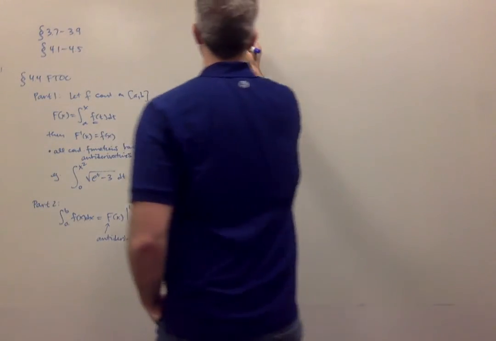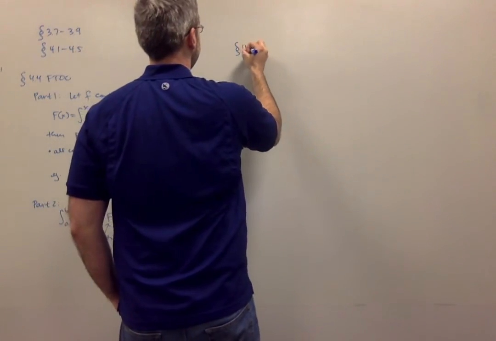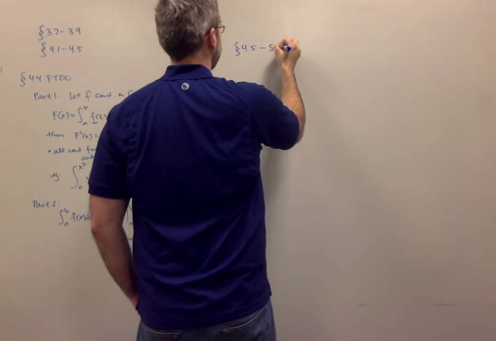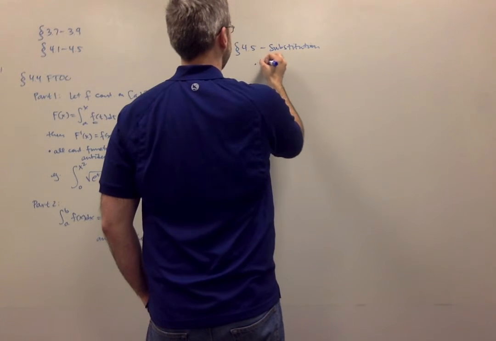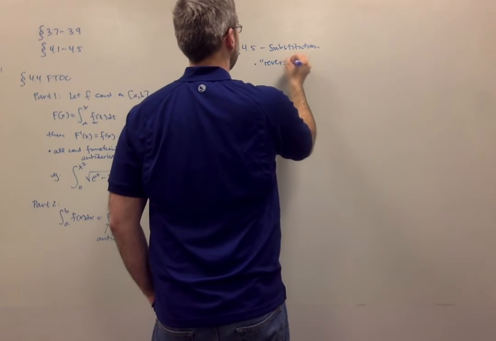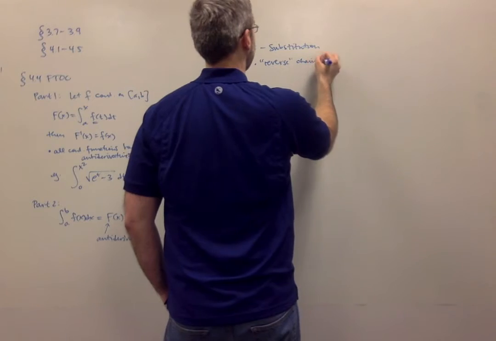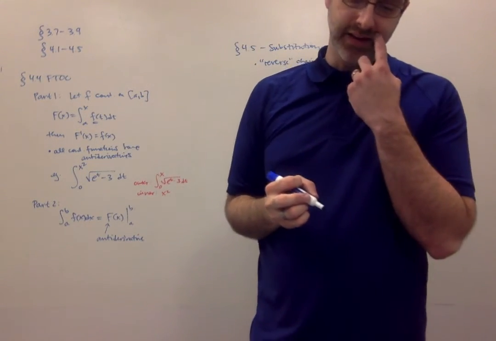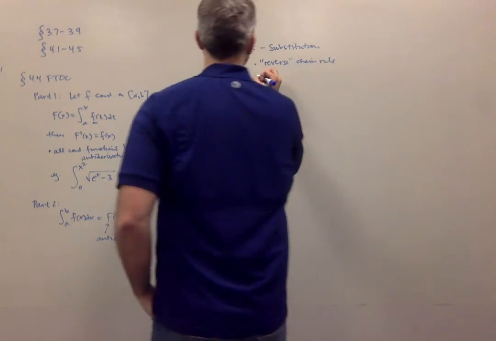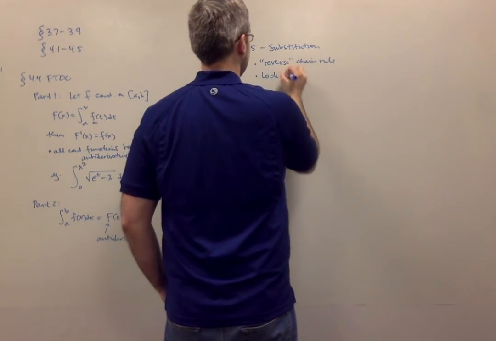And then the last one is the section that we've been talking about here, substitution. This is kind of reverse chain rule. So you're trying to do antiderivatives, and you're looking for two different things.